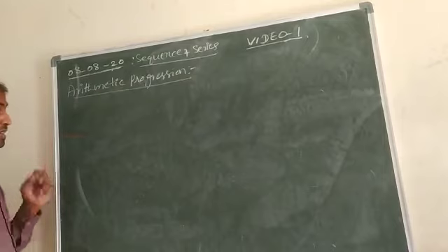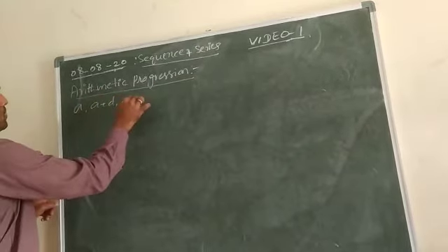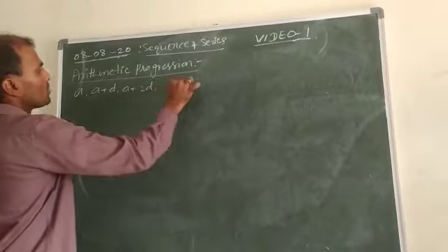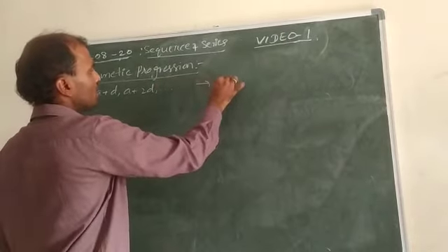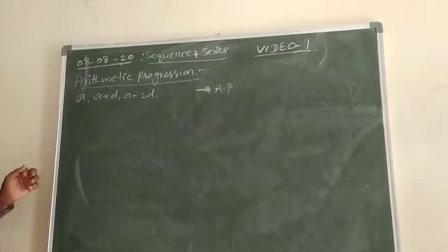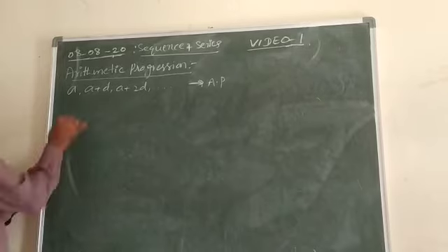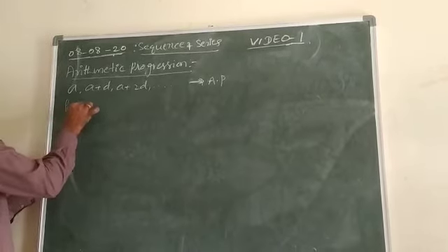Arithmetic progression. The series a, a plus d, a plus 2d and so on are said to be in arithmetic progression, simply called AP. In arithmetic progression the common difference is the same. So what is the common difference?